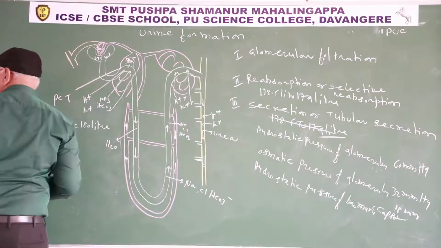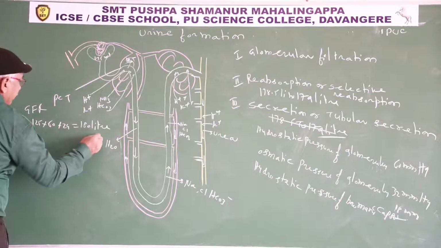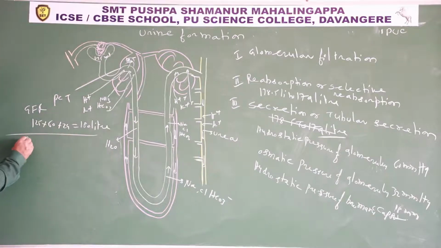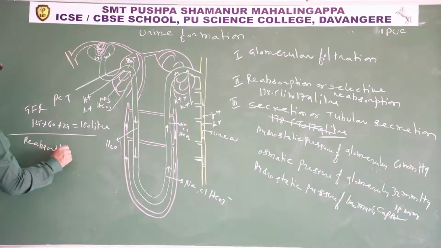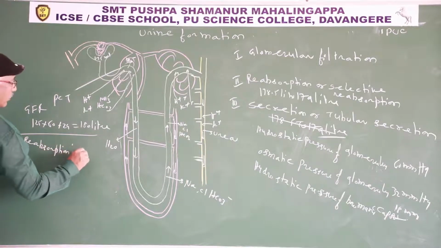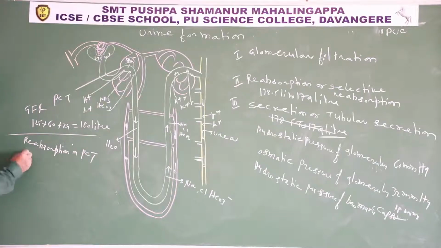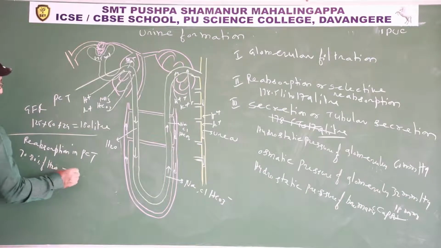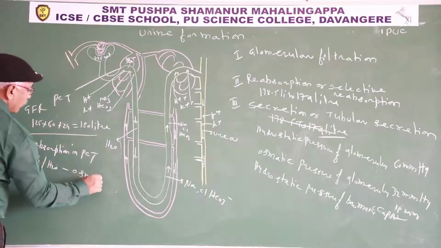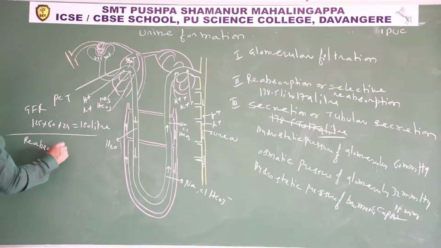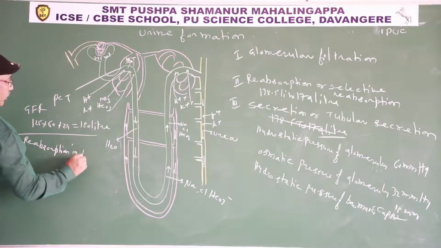While primary urine is passing through PCT, reabsorption in PCT: 70 to 80% of water is reabsorbed by passive osmosis, movement from low concentration to high concentration.